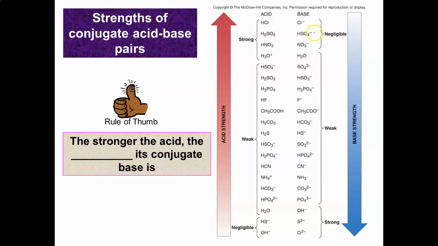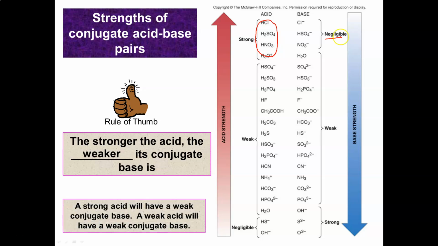Now that we know a little bit more about what a conjugate acid and base is, the stronger the acid, the weaker the conjugate base is going to be. All right? So a strong acid will have a weak conjugate base. But again, look, a weak acid is going to have a weak conjugate base because there's not a lot of dissociation here. So it'll work the same in both directions.